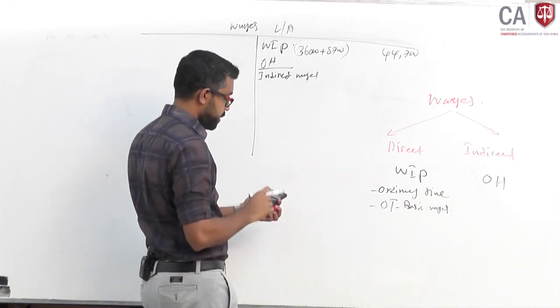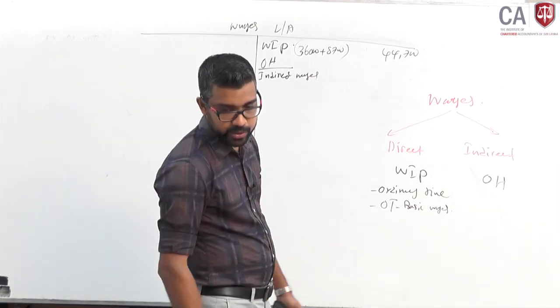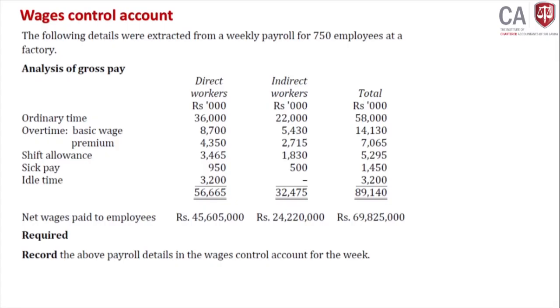How much? 22,000 plus 5,330 is 27,330. Indirect goes to overhead.